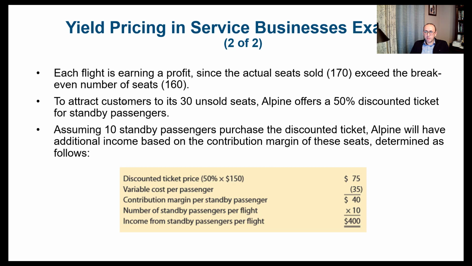So to attract customers to its 30 unsold seats, Alpine offers a 50% discounted ticket for standby passengers. So assuming 10 standby passengers purchase the discounted ticket, Alpine will have additional income based on the contribution margin of these seats. And this is how it's calculated. So they normally sell it for $150, they sold it for 50% of that, that's $75.